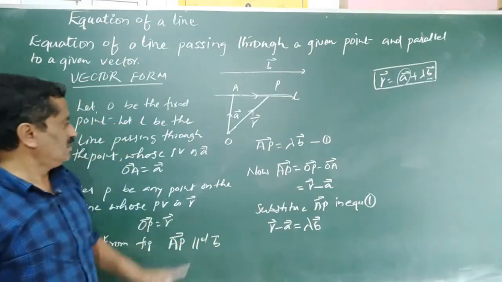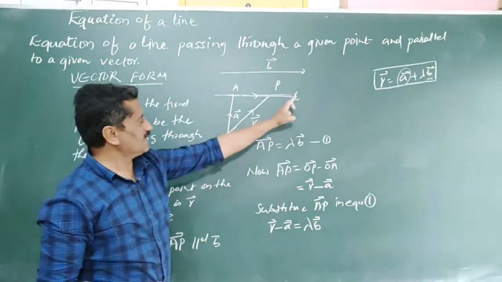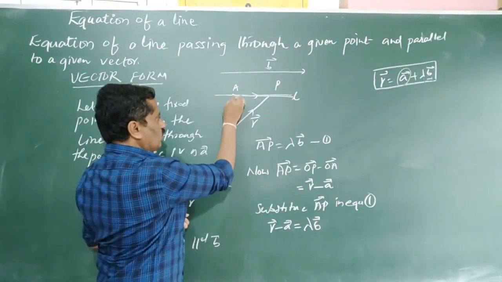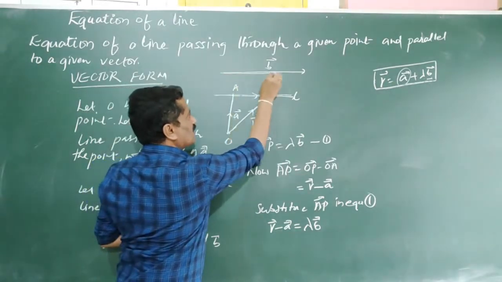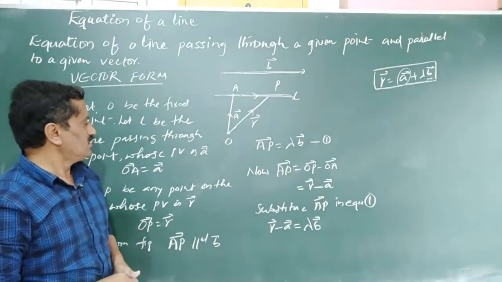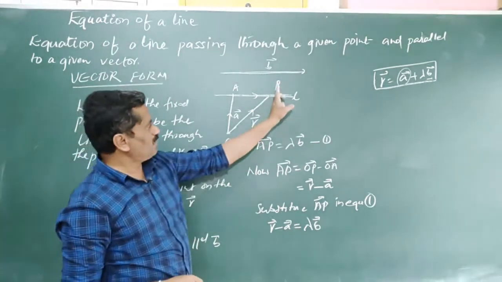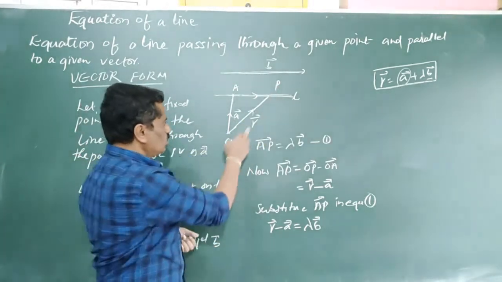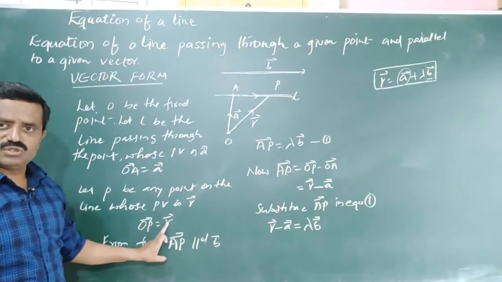Children, again let O be the fixed point, let L be the line passing through the point A whose position vector is A bar and parallel to the vector B, that is OA bar is equal to A bar. Next, let P be any arbitrary point on the line whose position vector is R bar, that is OP bar equals R bar.